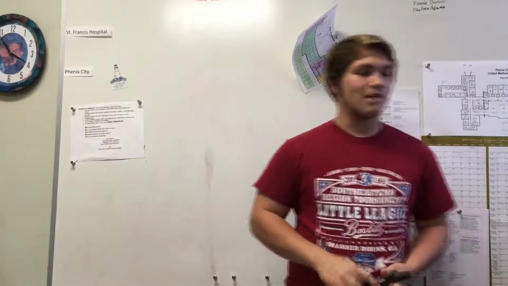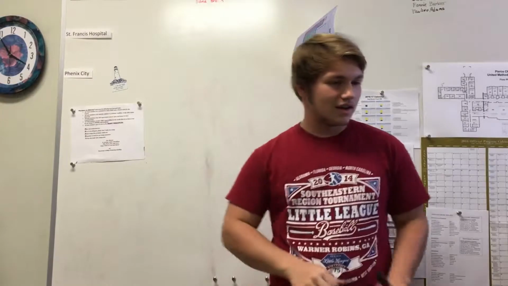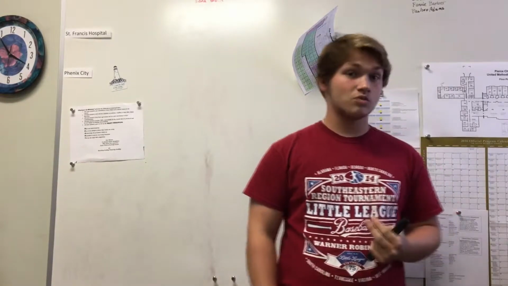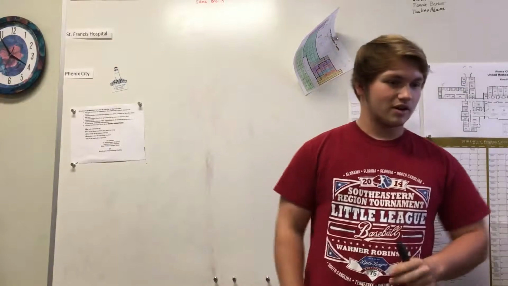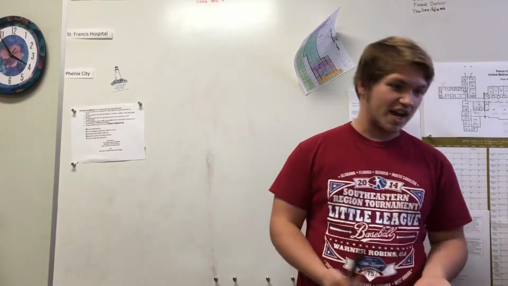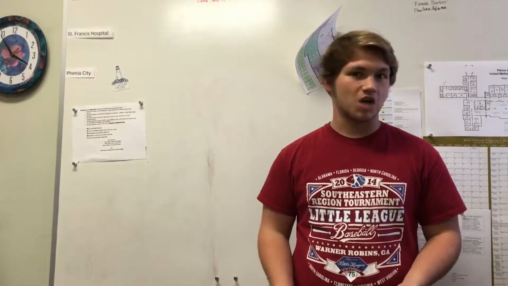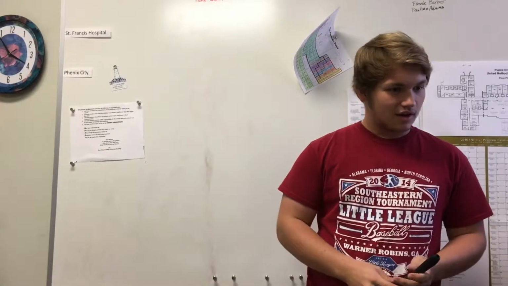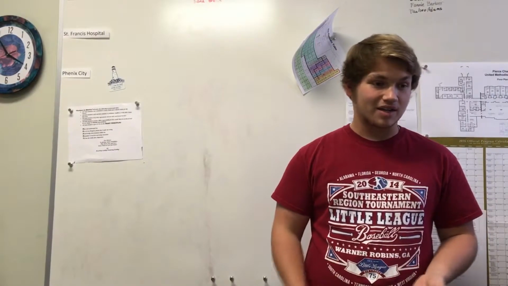So now we're going to talk about covalent bonds. But first of all, what even makes up covalent bonds? Covalent bonds form when 2 or more nonmetals form together. So, for example, like hydrogen and oxygen, they're both nonmetals, so that's covalent. And when they combine, they make water.